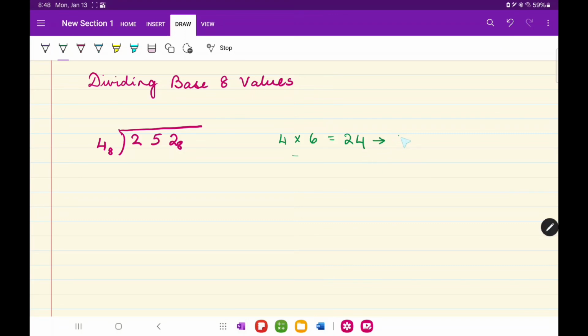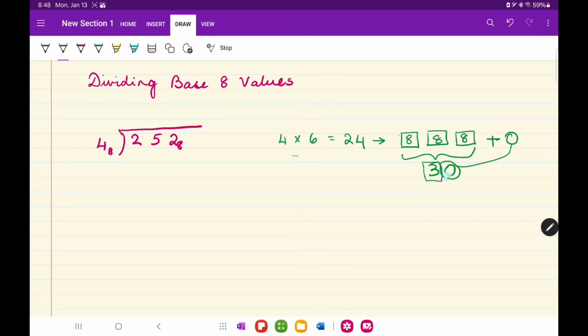So we can get 3 bundles of 8, 16, another 8 makes it 24, plus 0 remaining. All right. So that makes the base 8 equivalent of 24, 30. So 3 would be the 3 bundles of 8, and this is the 0. This is how we get the 0.